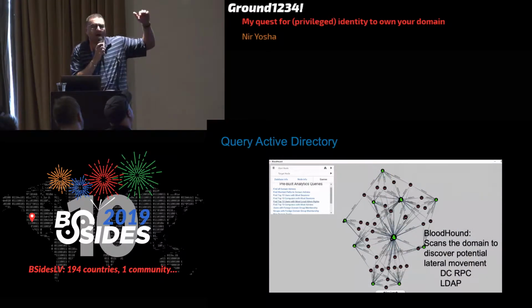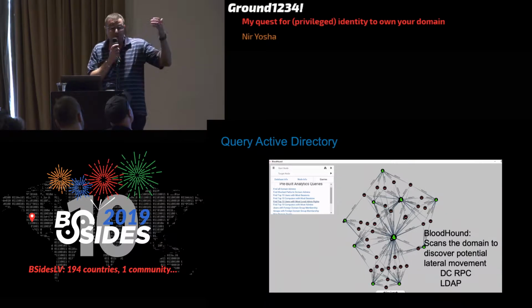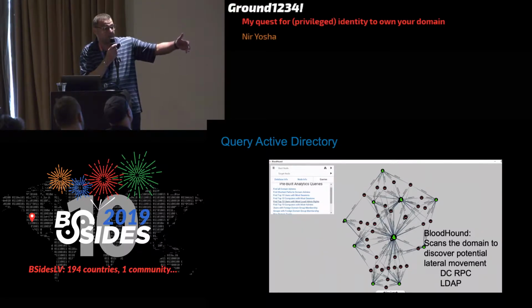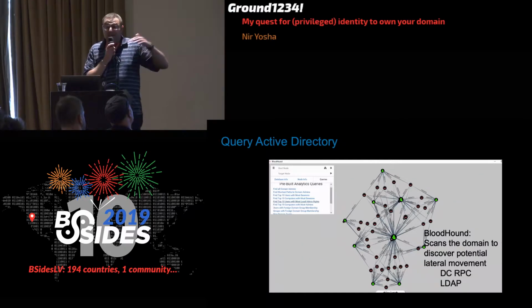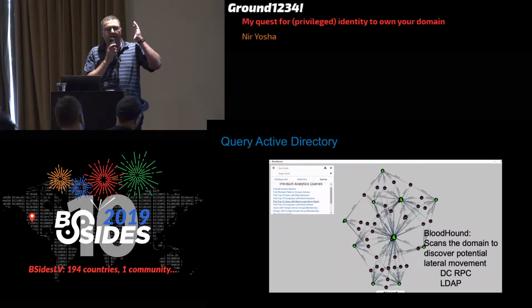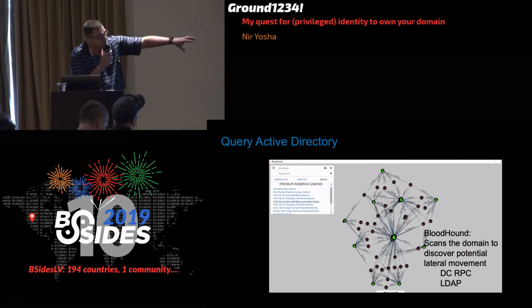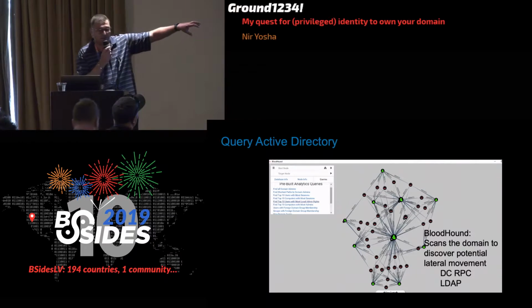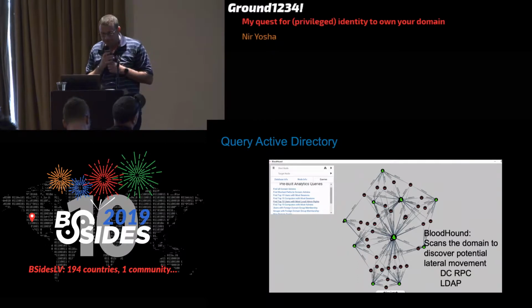But there's an easy way, once we identify the domain controller, which is to query the domain controller using valid LDAP queries. This is a tool called Bloodhound, which is much less noisy than Nmap or any other scanning tool because it doesn't interact with the host. It just interacts with the domain controller, and it is looking for all those entities within the domain, the users, the hosts, the groups, and builds this graph that gives you an idea of how the land looks like and where you should move from there.